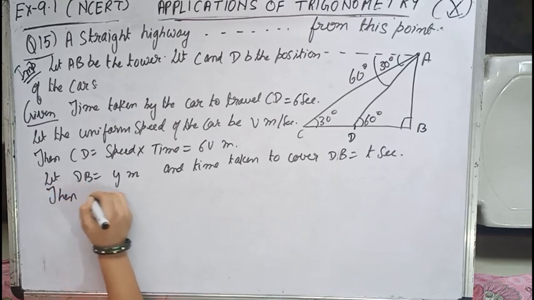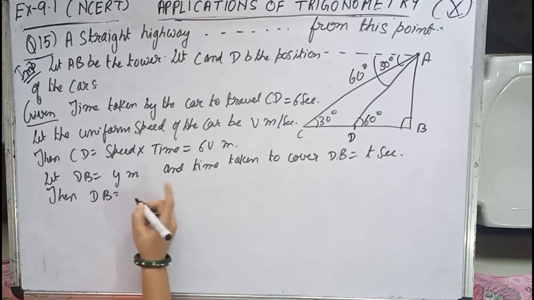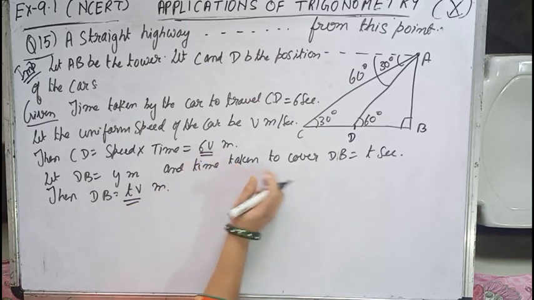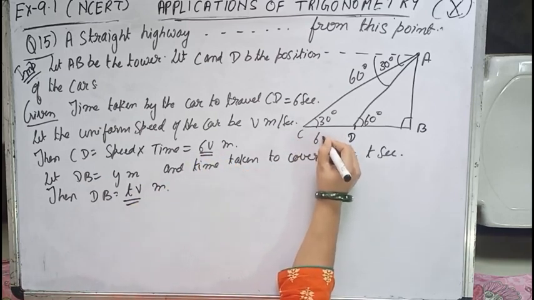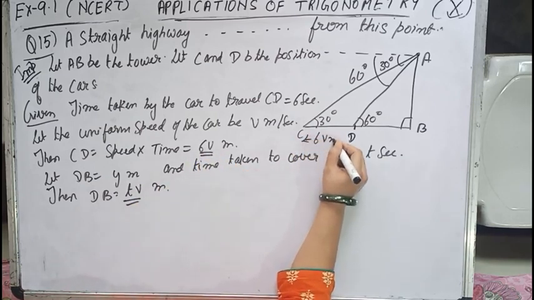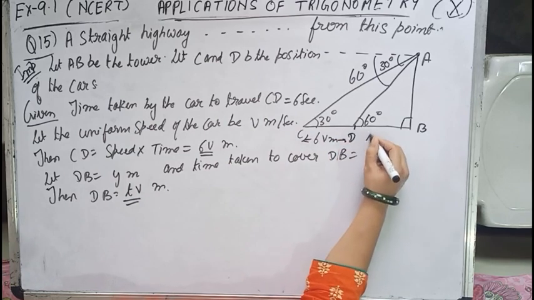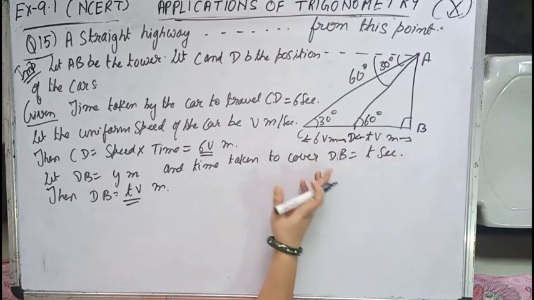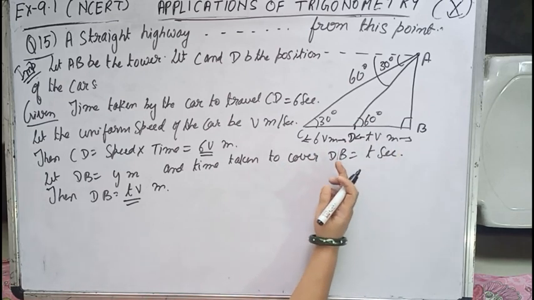Then DB is equal to, again speed into time, speed is V and time is T, so TV meter. So this distance we are now writing 6V and this one as TV meter. Now this I am using over here, the 6V and TV.